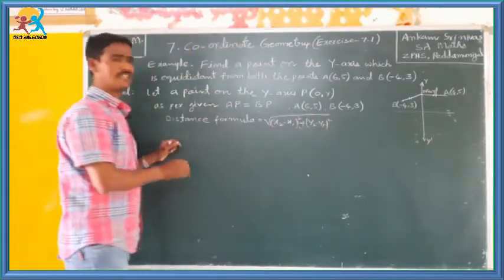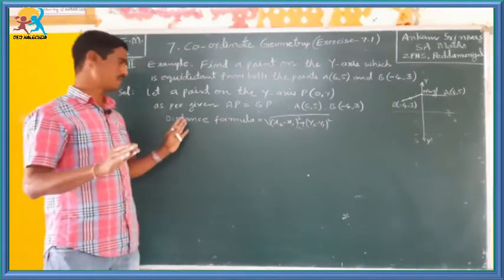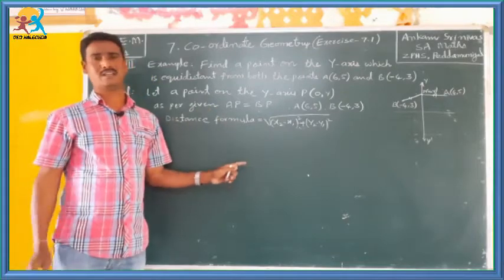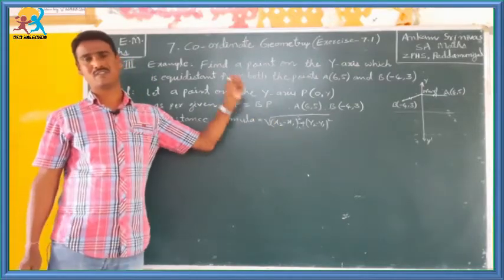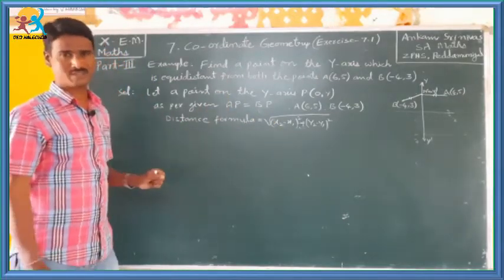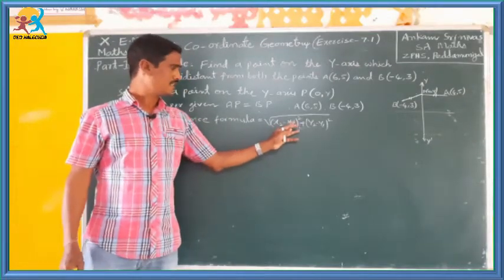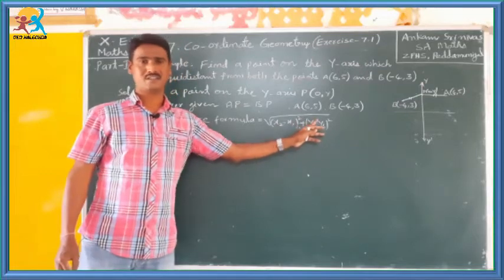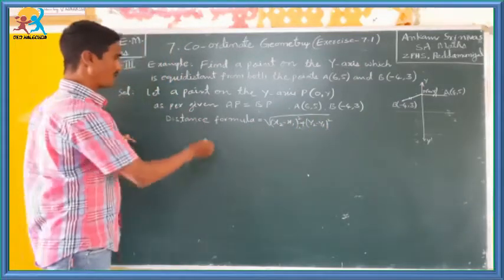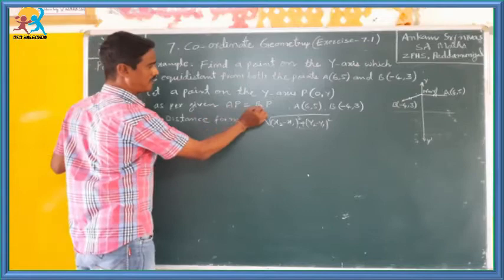Dear children, in this exercise we will use only one formula, that is the square root of (x2 minus x1) whole square plus (y2 minus y1) whole square: the difference of the first coordinates plus the difference of the second coordinates. Now as per the given, AP equals BP.